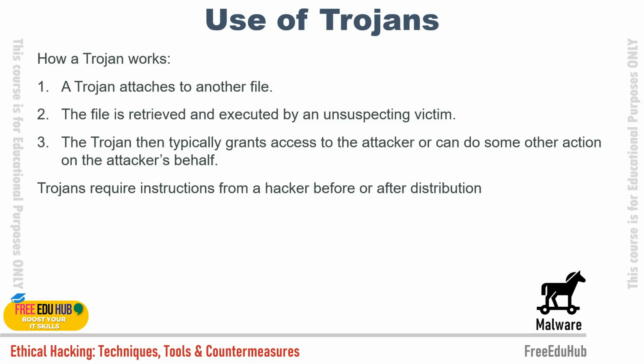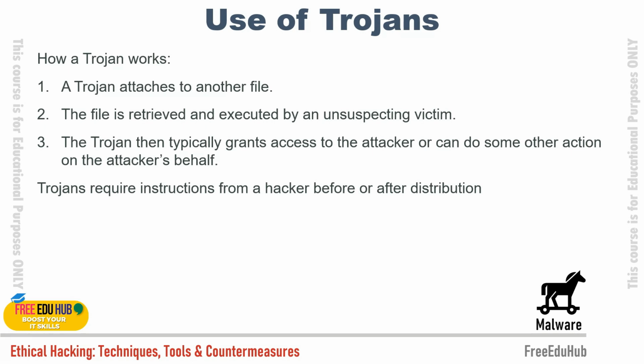Now, a Trojan requires instructions from the hacker to fully utilize its potential before it can distribute itself. In fact, in the majority of cases, Trojans are not actually distributed past the initial stages by their creators. Once the attacker releases their code into the world, this switches their focus from distribution to the listening phase, waiting for the Trojan to call home, or waiting for the instructions of the user.